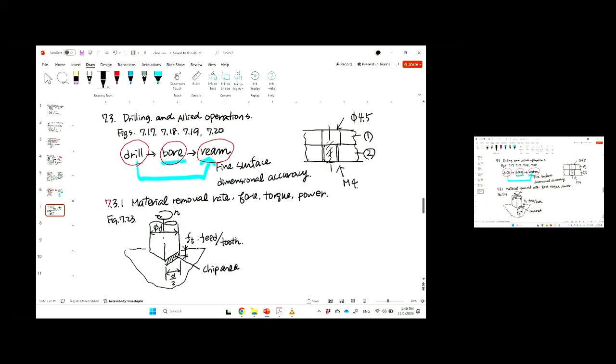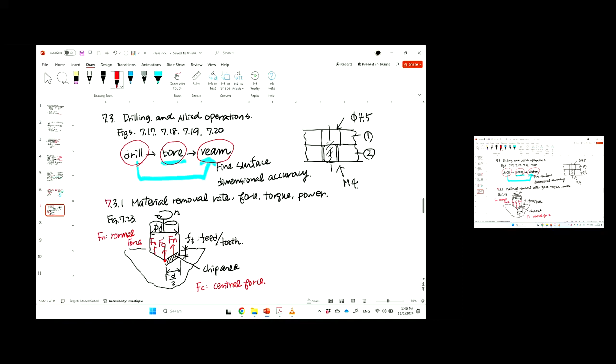And then force-wise, this is a dead center, right? So you have this, we see Fc. This is a central force. Okay, and then like the chisel edge, and then you have Fn. This is like a normal force. And then you are rotating, right?